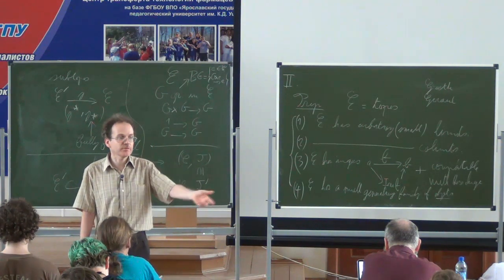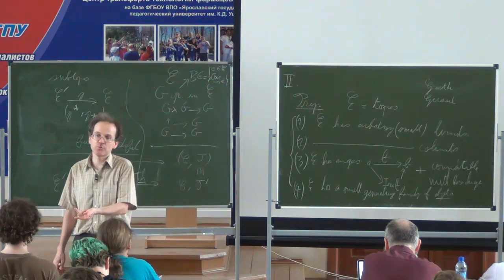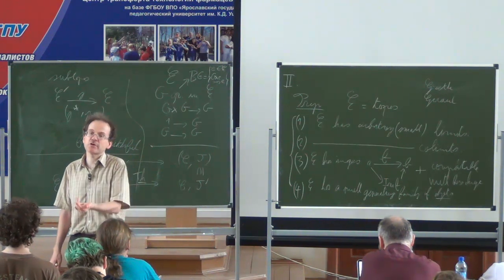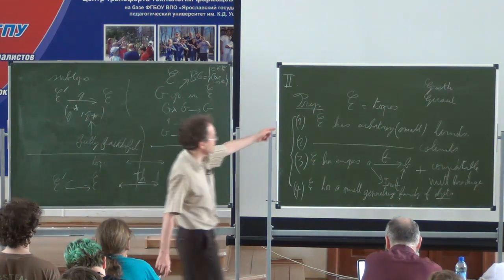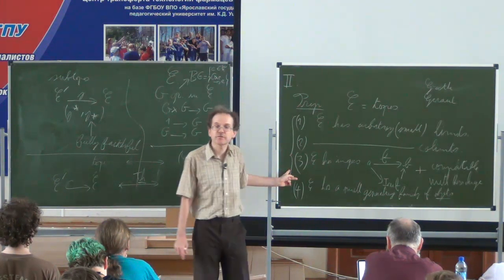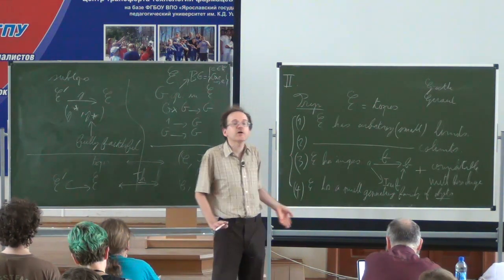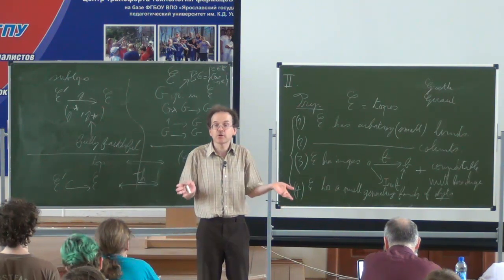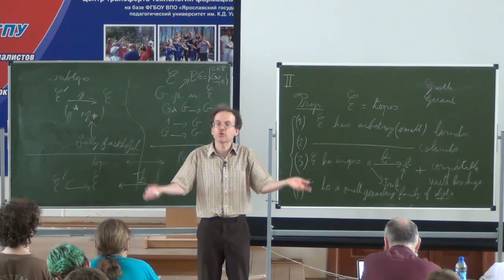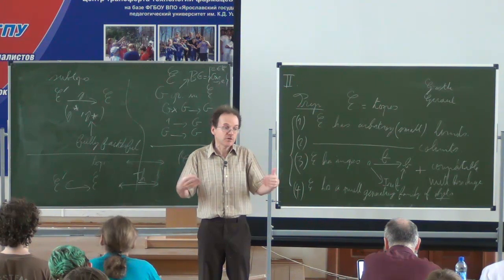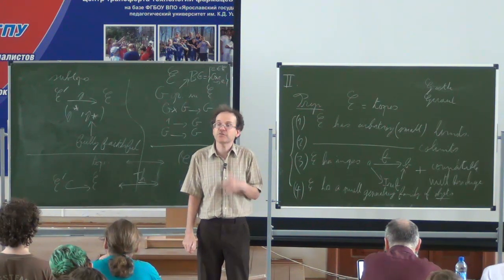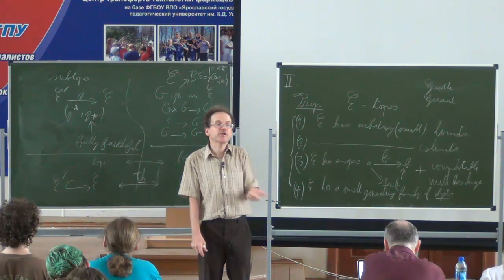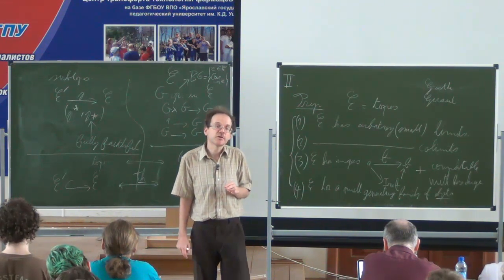You replace the category C endowed with this topology by a much bigger category, which verifies these very nice properties. It is stable under all natural operations you can think about, because they are the natural operations you are used to in the context of sets. Okay, so this is a completion operation.